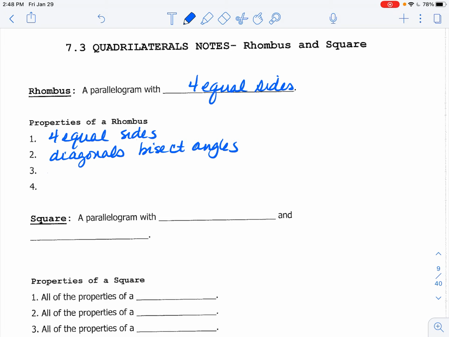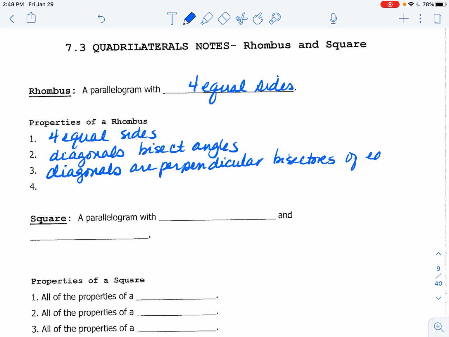The diagonals are perpendicular bisectors of each other. And they include all the properties of a parallelogram.